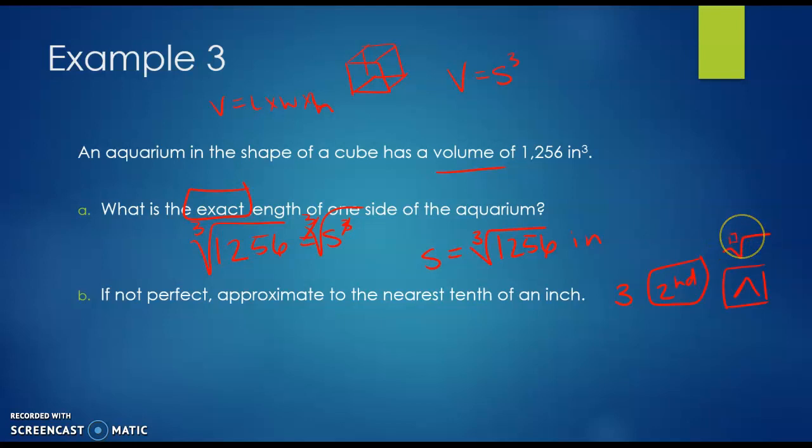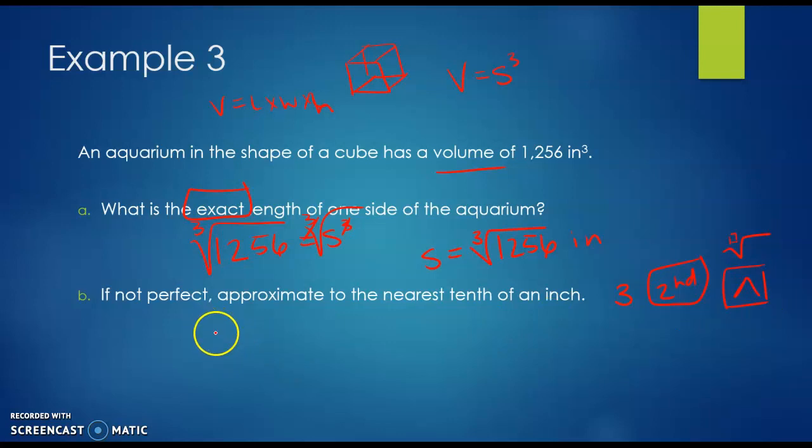Now, if you're not working with one of our Texas Instrument calculators and you need help finding that, talk to me. I'm happy to help you figure out how to do the cube root on your calculator. It will most likely be something similar. So 3, second, and then what programmers call the caret key.